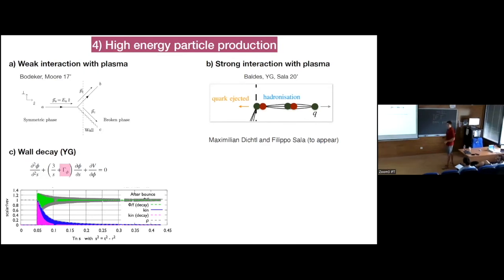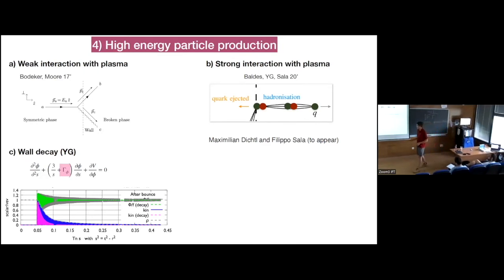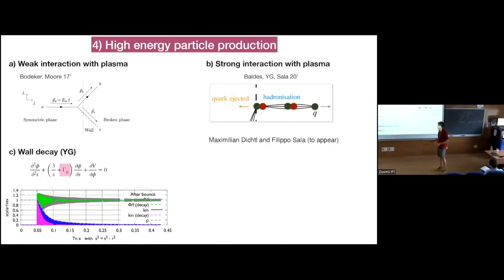And let's see. What's the time scale here? So it's s, light cone coordinates, square root of t squared minus r squared, and T_n is the nucleation temperature. So the wall thickness is 10% of the inverse nucleation temperature.